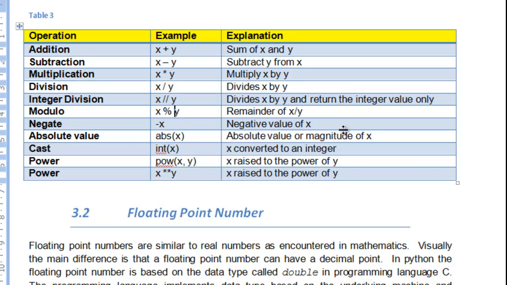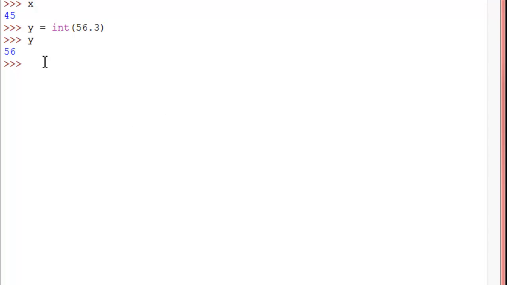Modulo will return the remainder of dividing the first value by the second value. We also have negate, that will change the sign of the value. So it will change a positive number to a negative number and a negative number to a positive number. We have absolute value. We have a casting operation there. And power, we can use two notations for power.